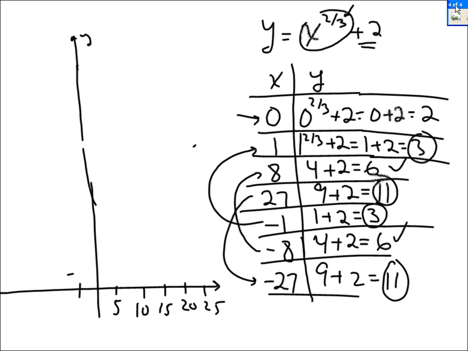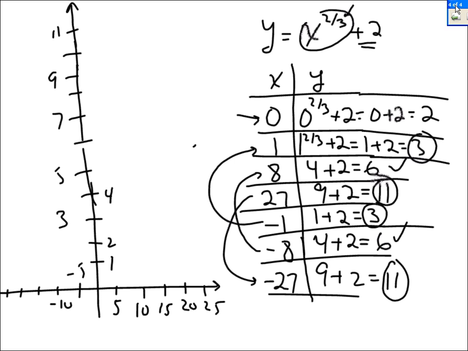Negative 5, negative 10, 15, 20, 25. And x goes up to 11. Raise this a little bit. And good old 11.